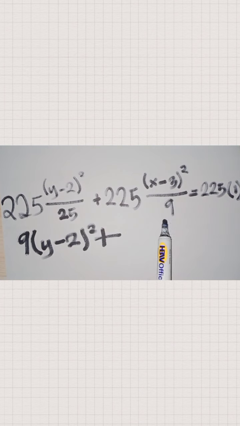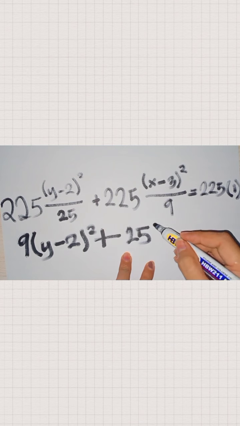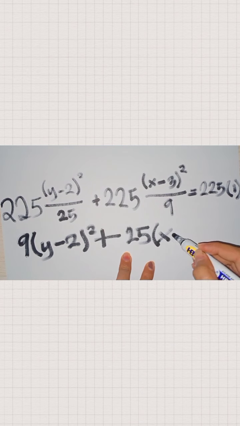So, magiging 25. Quantity of x minus 3 squared equals to, ang 225, i-multiply mo siya sa 1. Magiging 225.